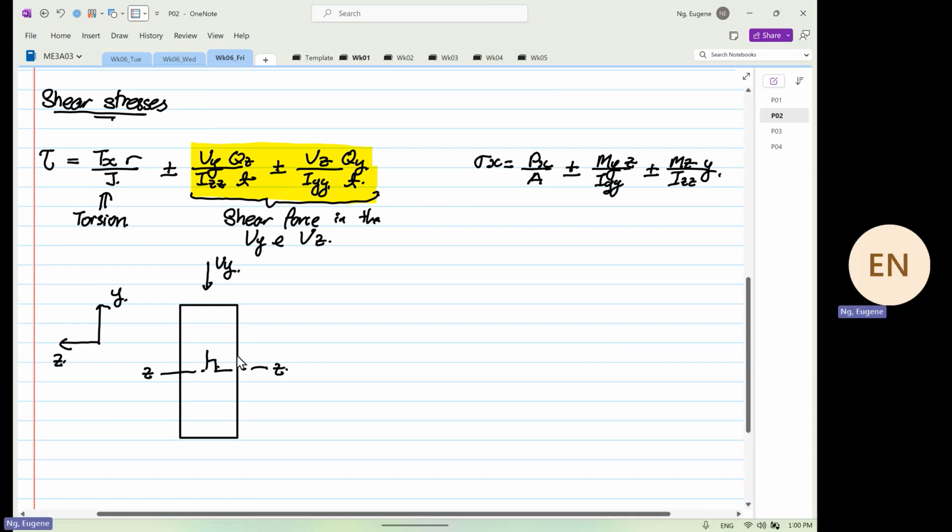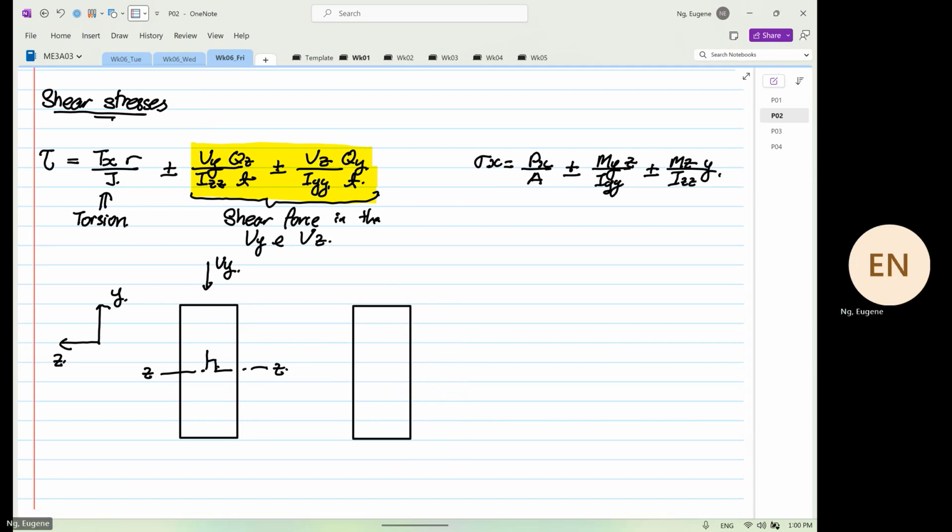Now, if I draw the same structure again, and over here is Vz.